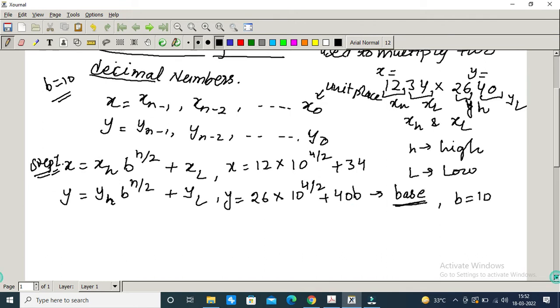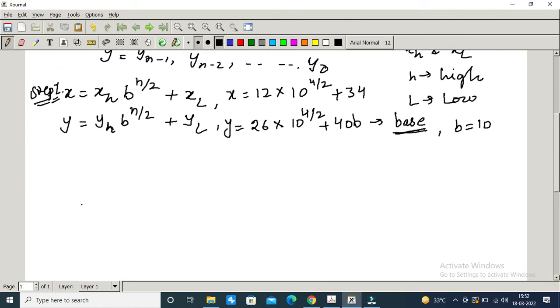Now step 2. What will we do in step 2? Step 2 is xy, which means you multiply these two numbers x and y.